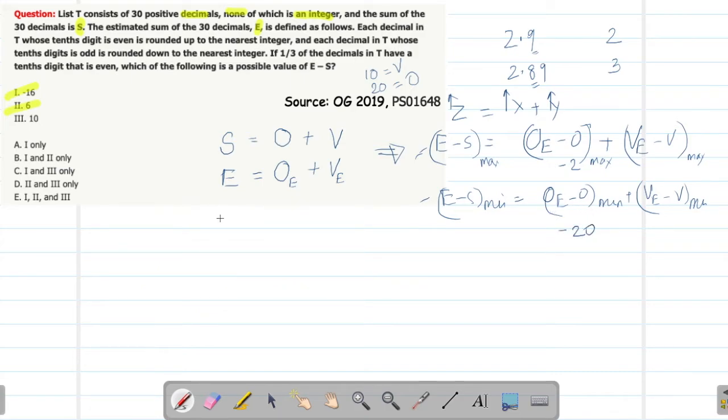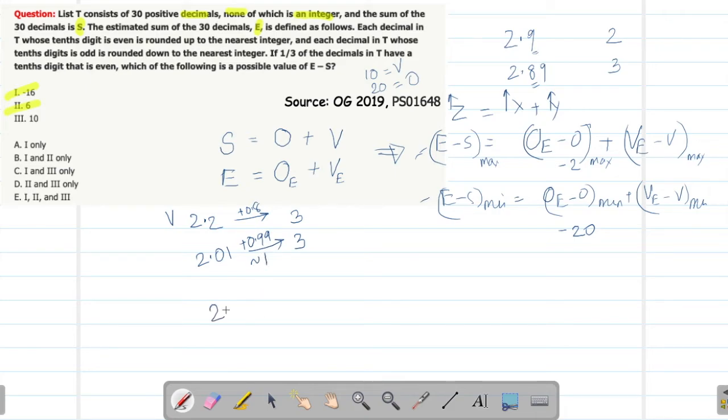Now let's start considering the numbers which have even in the 10th digit. So let's take 2.2. This rounds up to 3, so we get a difference of 0.8. 2.01 rounds up to 3.2, this has a round up of plus 0.99, almost equal to 1.